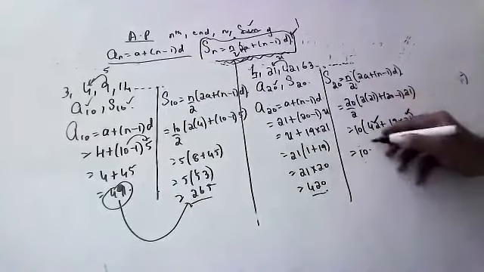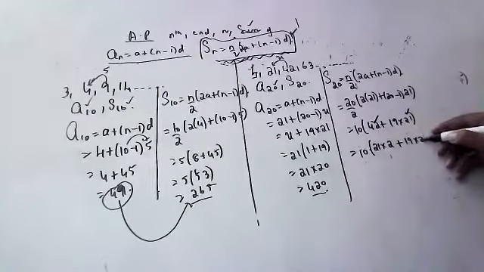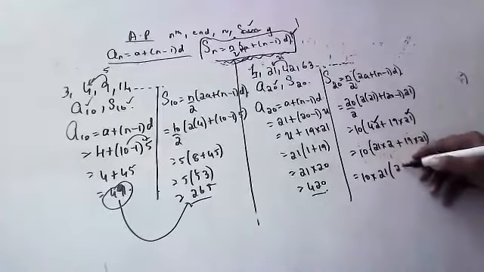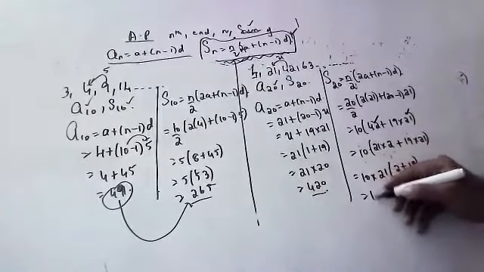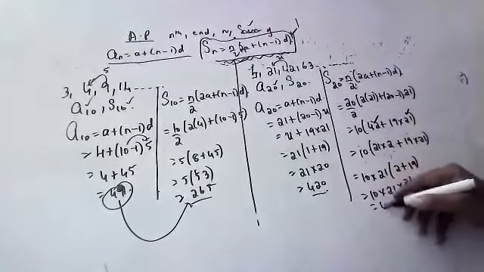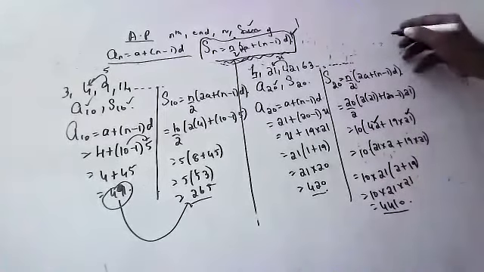We can write 42 as 21 into 2. Take 21 common: 2 plus 19 is 21. So 10 into 21 into 21, which is 4410.